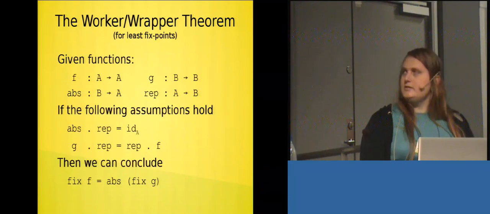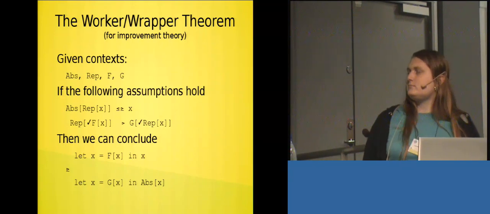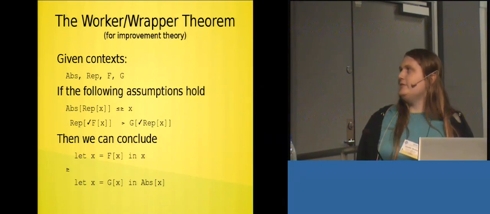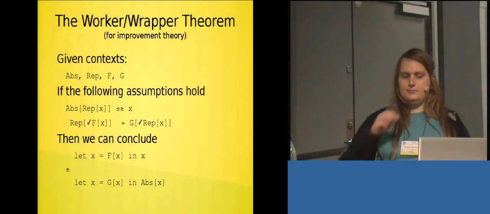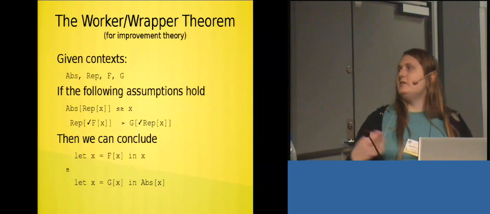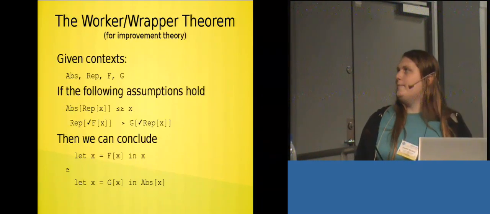And then g after rep equals rep after f is replaced by this: rep of tick of f of x can be improved by g of tick of rep of x. You notice the tick has appeared there, that's something we needed to make the proofs work, basically.